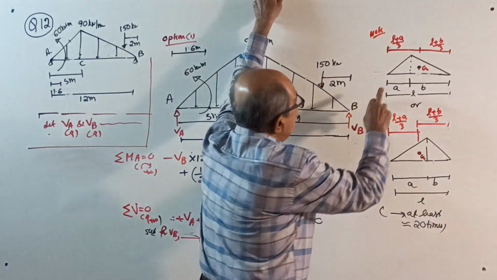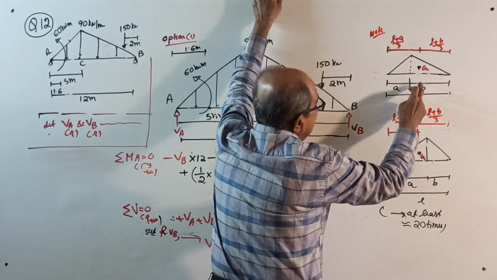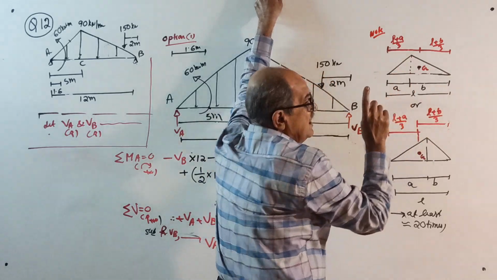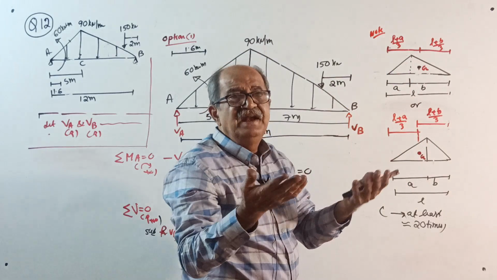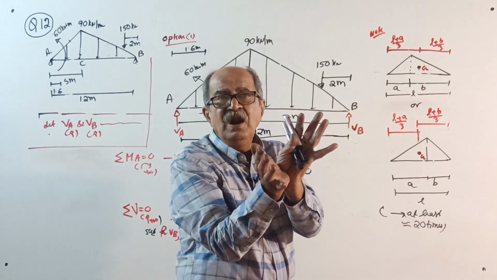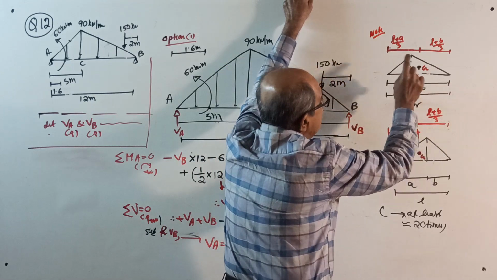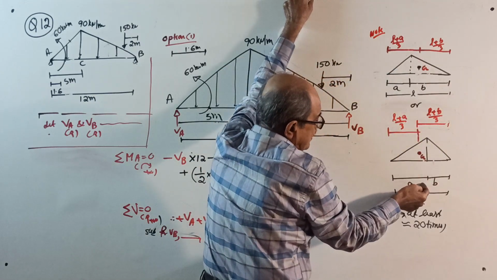But if it is eccentric, suppose from left side A, right side B, then the centroid will always be on that side of the entire diagram where the area is more or the length is more. So here it looks like B is more than A, so the centroid will be here.